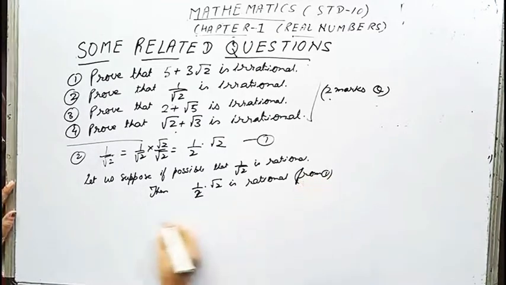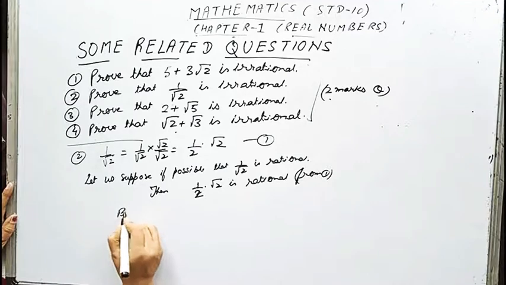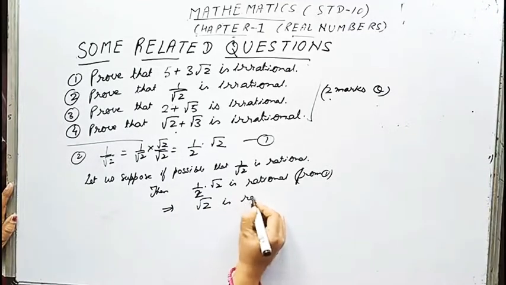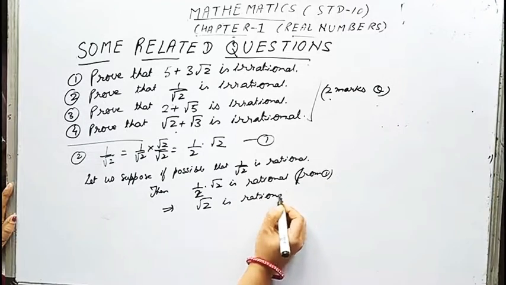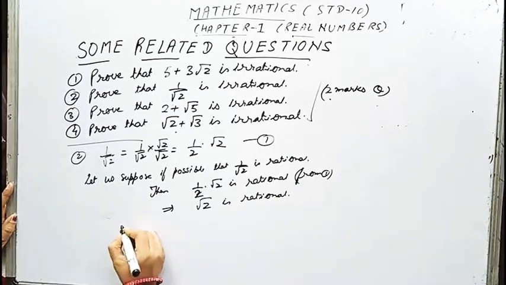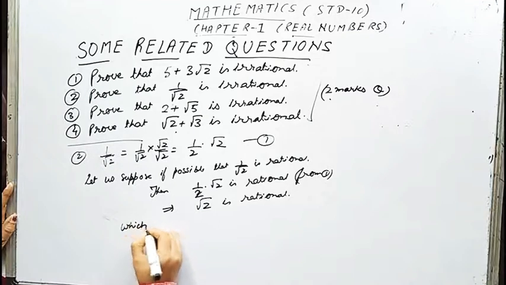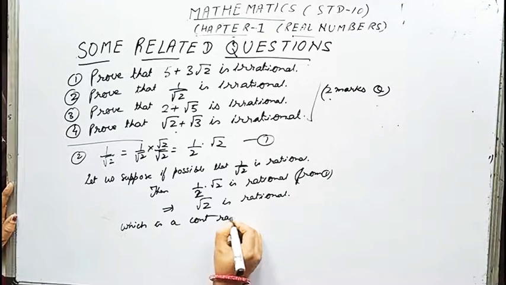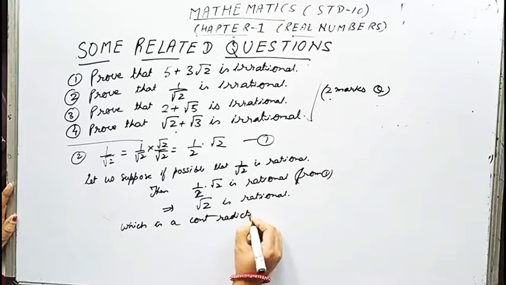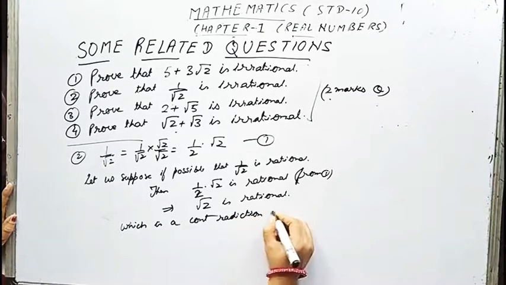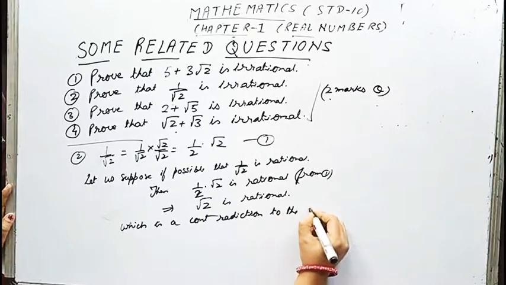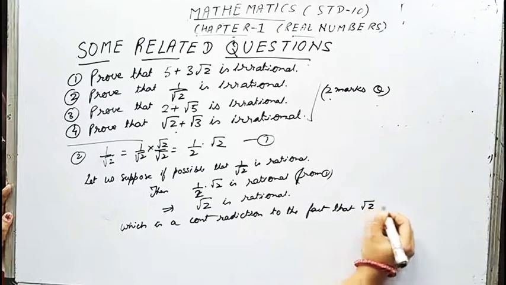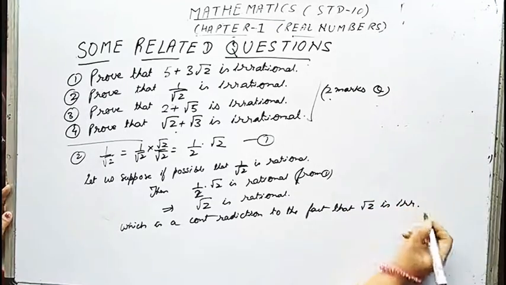From 1, this implies root 2 is rational, which is a contradiction to the fact that root 2 is irrational.